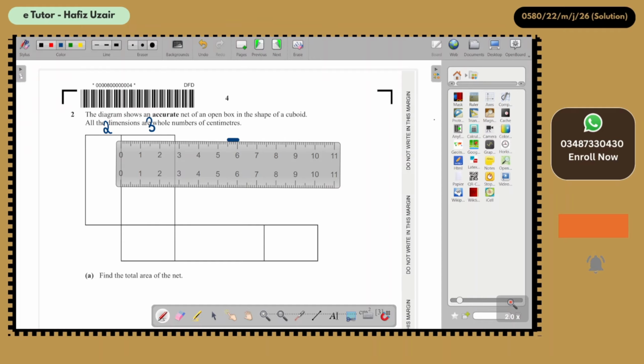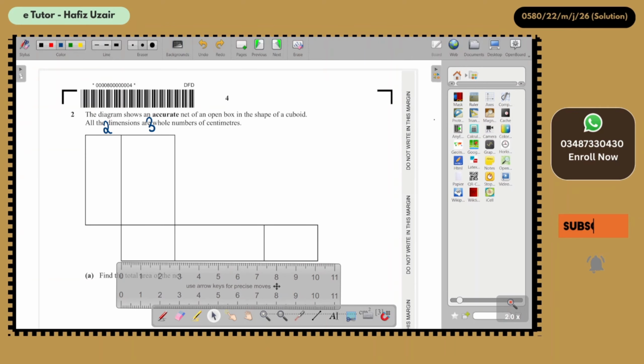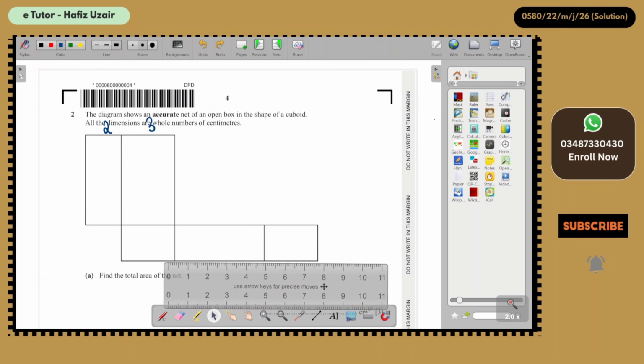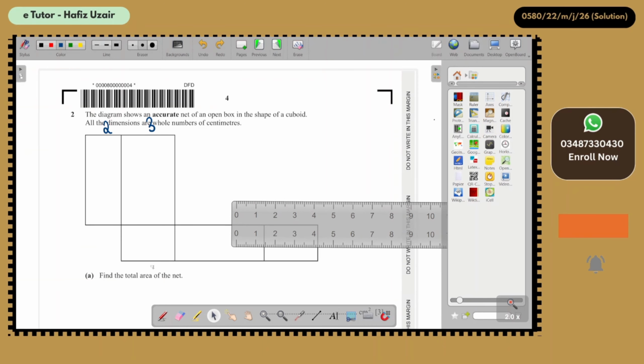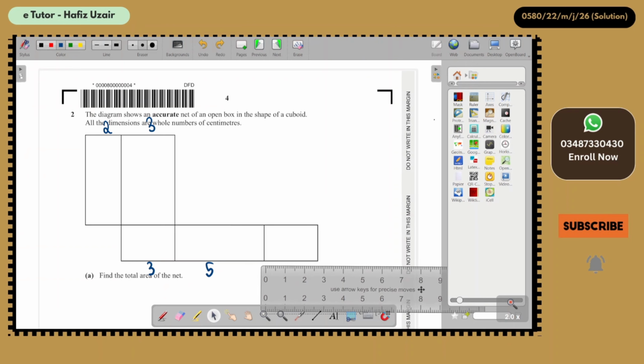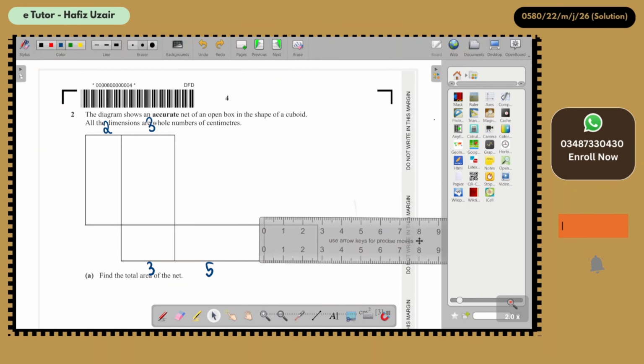All right, let's come to the bottom lengths. So this is also 3, and this is actually 5. So this is 3, this is 3, this is 5, and let's measure this length now, and this is also 3.